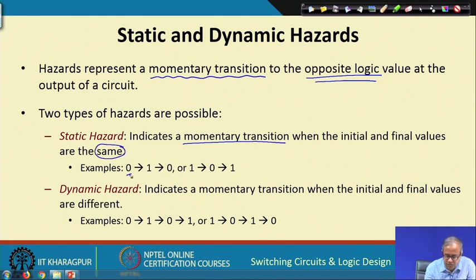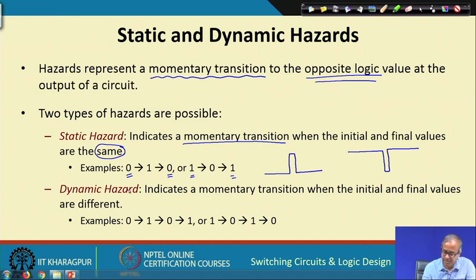Like the initial value was 0, the final value is 0, but in the output we see a momentary transition to 1 before settling to 0. That means 0, 1 and back to 0, or the other way around. Suppose the output value is supposed to be 1, it makes a very temporary transition to 0 before settling to 1.